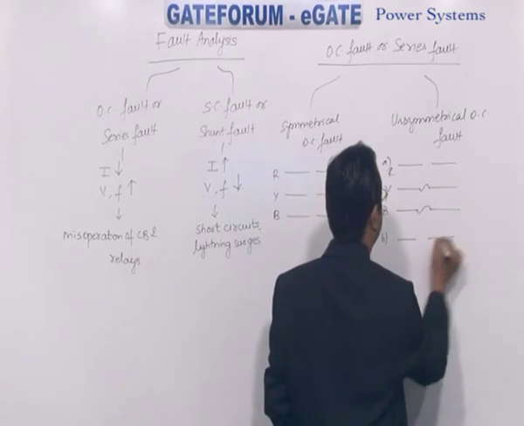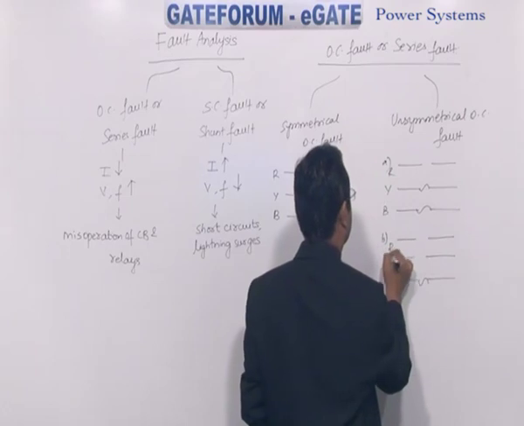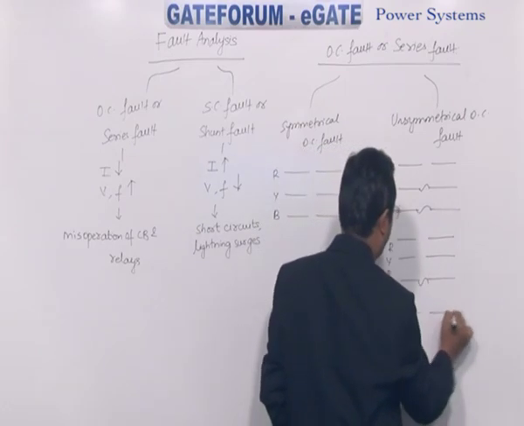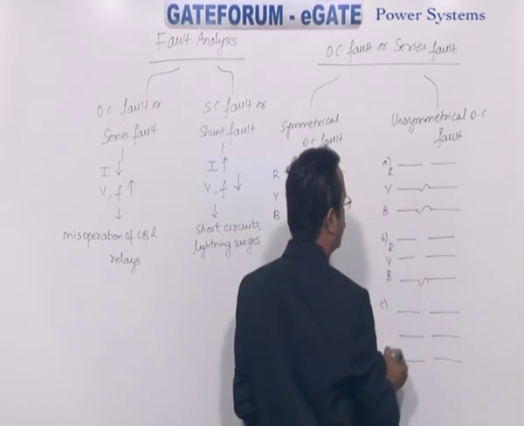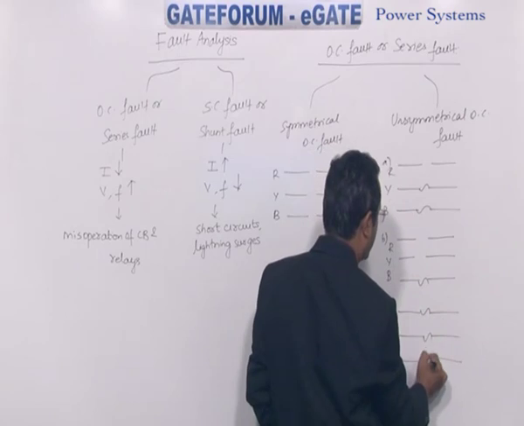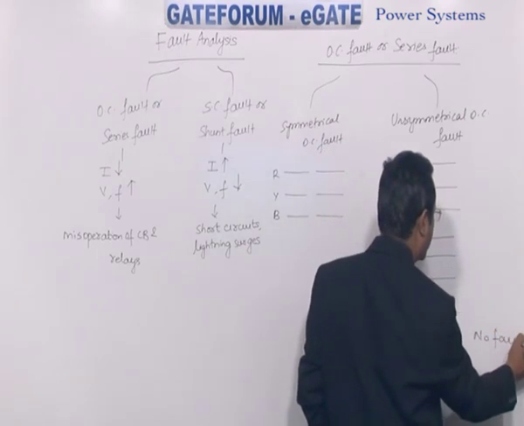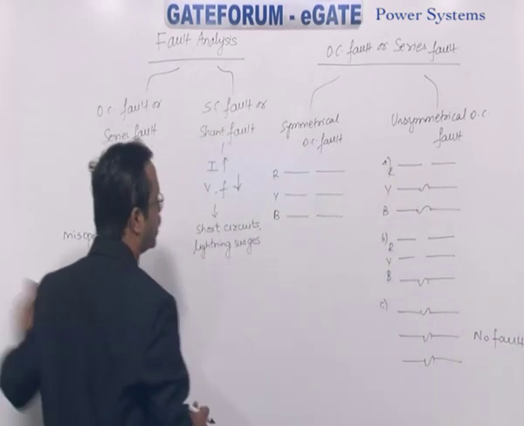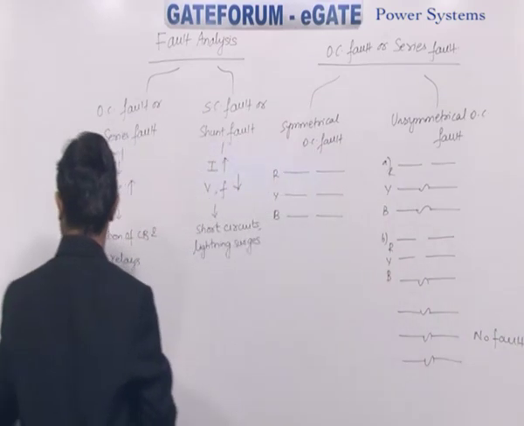Or you say the fault involves only B phase. And the third one is where you represent the fuse as intact. Intact indicates it is a no fault condition. All the fuses are intact, you name it as a no fault condition.